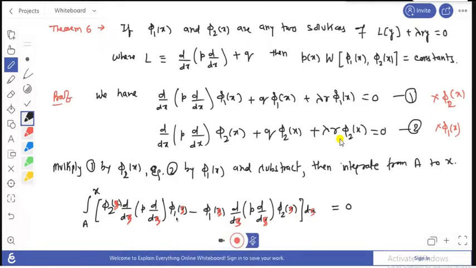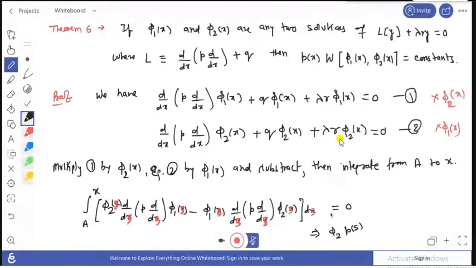Here, for the first one, we have phi2 and d by dx of that term, so this becomes p(s). This first one is a function of s, and the derivative of that is absent.